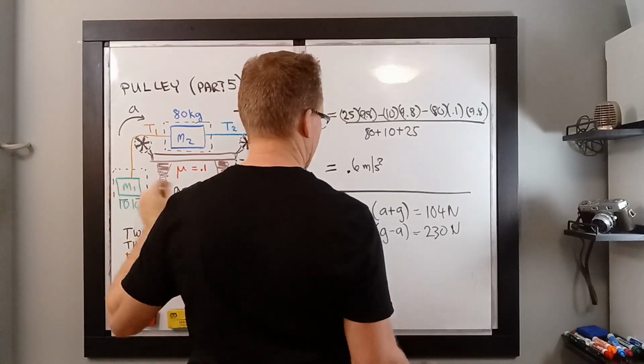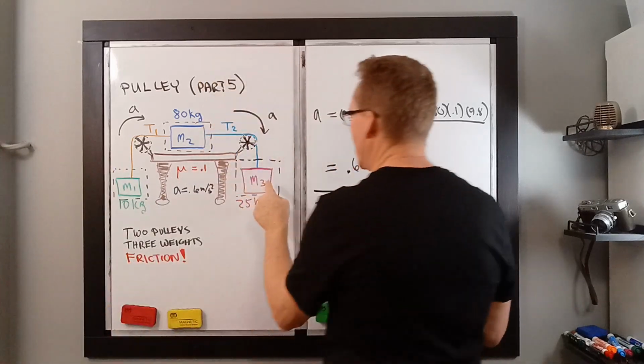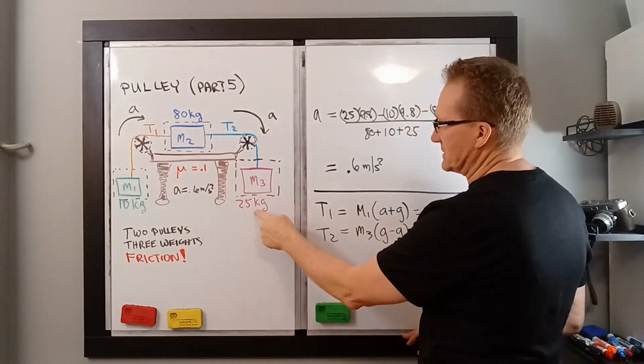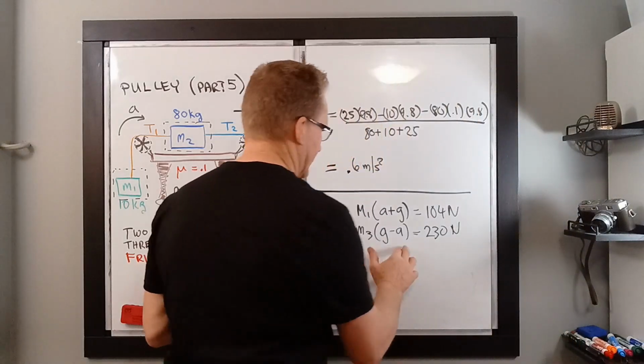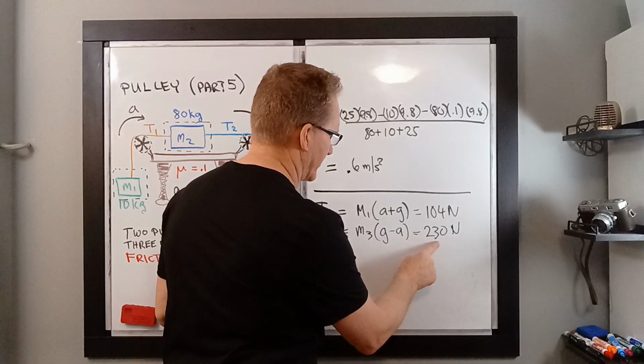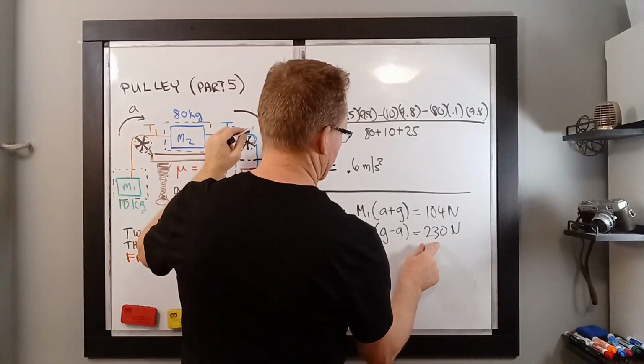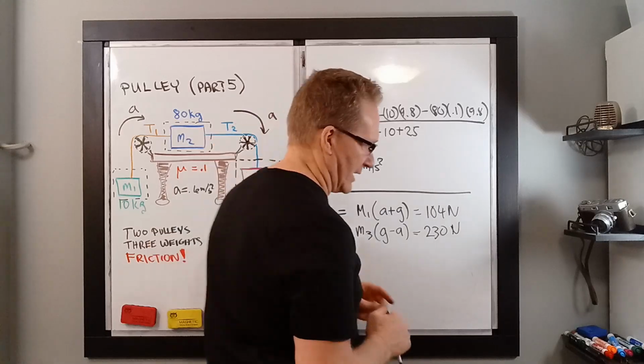It's also having to do with the acceleration. And this one over here is going to have a tension in this rope reduced by the fact that it's accelerating downward. So that's how you get these. I got 104 newtons and 230 newtons for these different tensions, tension 1 and tension 2.